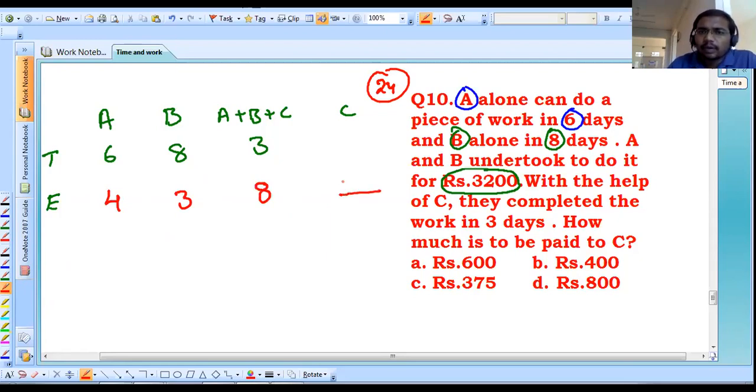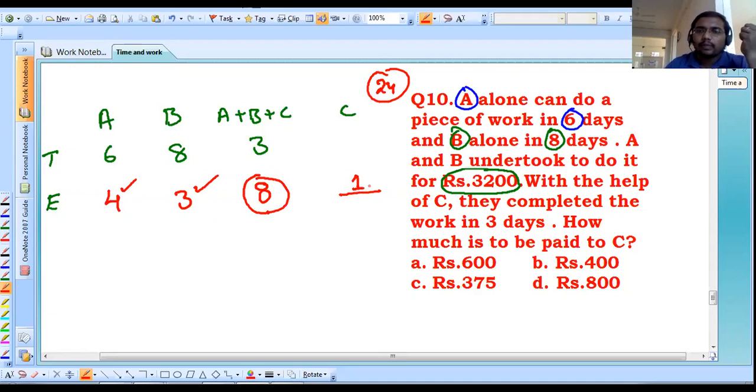Now C is how much? That means C is completing how many units per day? Only 1 unit. How is it coming? See here. A, B, C together complete 8 units. Out of these 8 units, A completes 4 units, B completes 3 units. Then the remaining 1 unit, who will do it? C will do it. So C completes 1 unit every day.